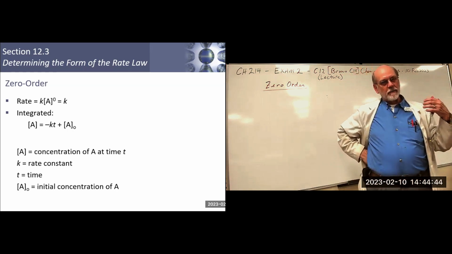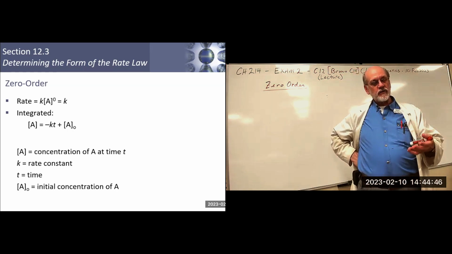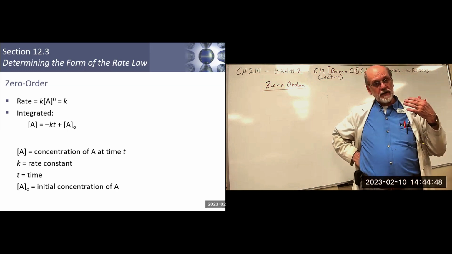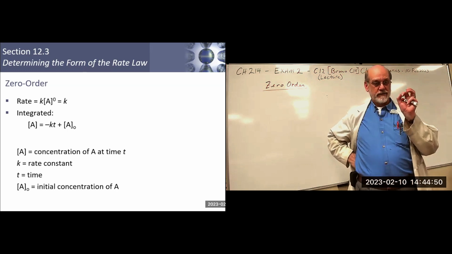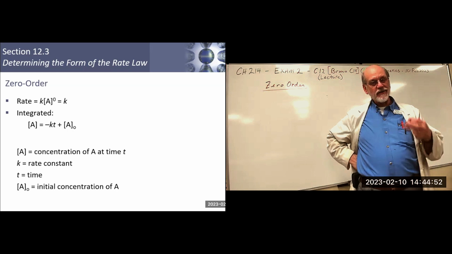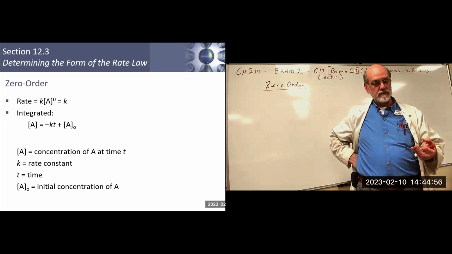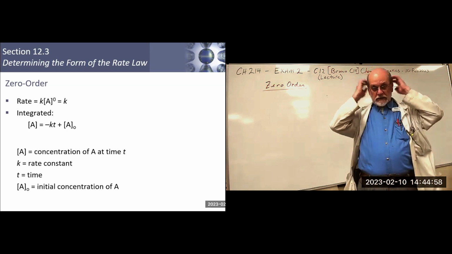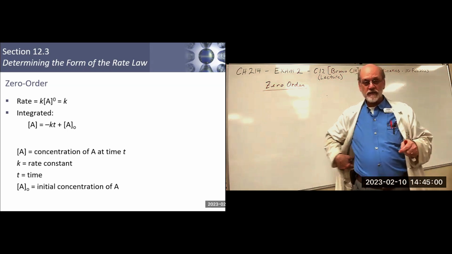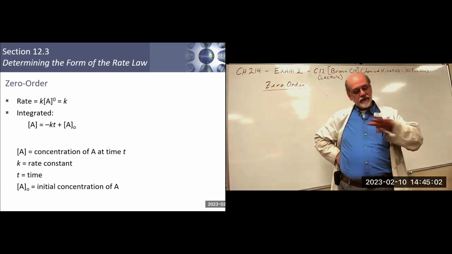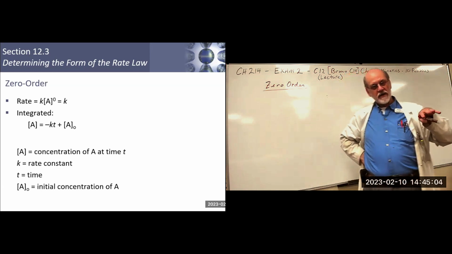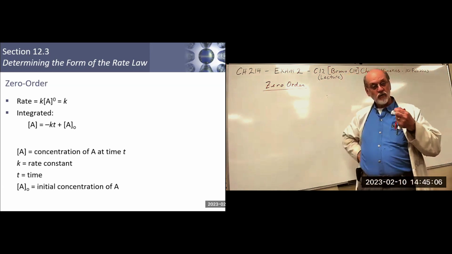But this is an ideal situation where the order is a whole number. When you actually calculate some of these orders, they may come out as fractional numbers. So this is the ideal situation where the order is a whole number power.